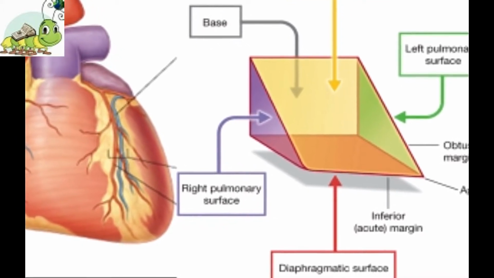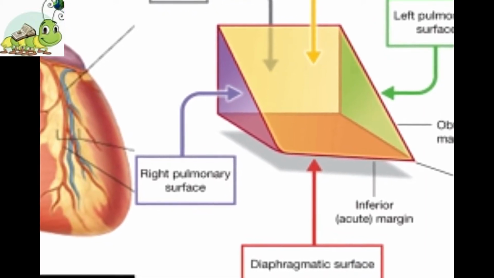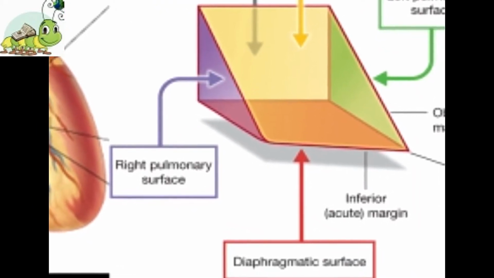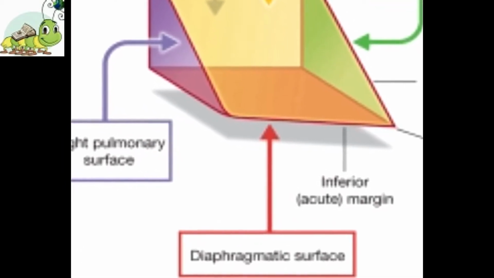Number 2 surface is the diaphragmatic or inferior surface. It is formed by both ventricles, mainly the left, separated from the liver and stomach by the diaphragm on which it rests, and divided by the posterior interventricular groove or sulcus into a right one-third and a left two-thirds. This sulcus contains the posterior interventricular artery.